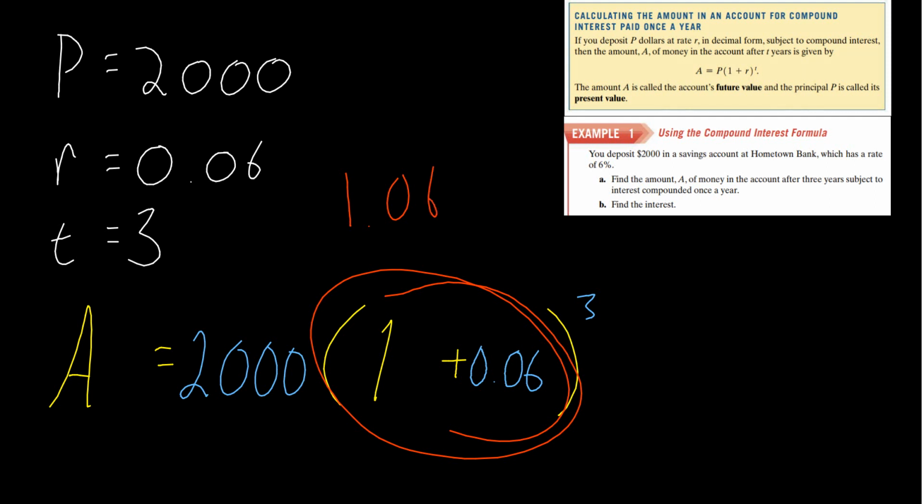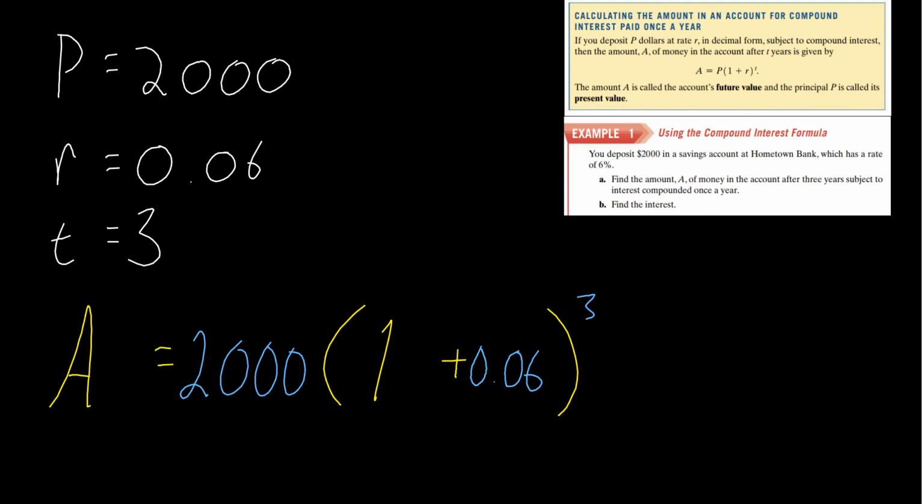The time it saves you is so minute, but if you do a lot of these, they add up. All right, raise to the third power, and then times 2,000. So 2382.03. So all this is equal to 2382.03.